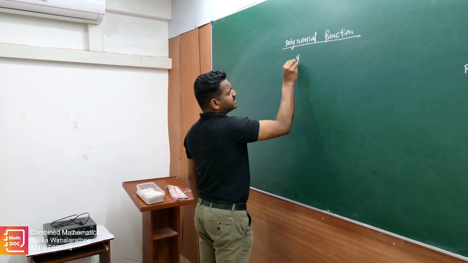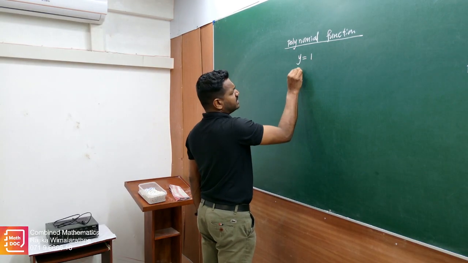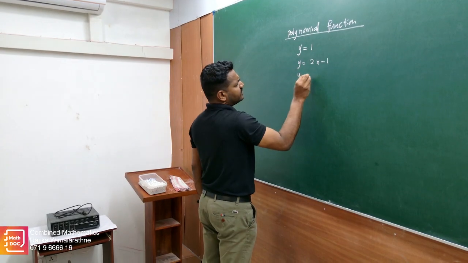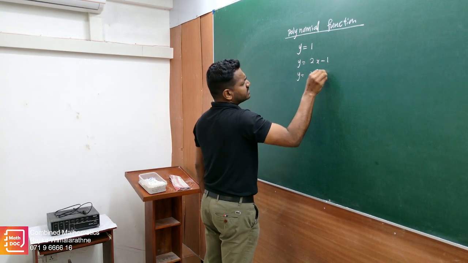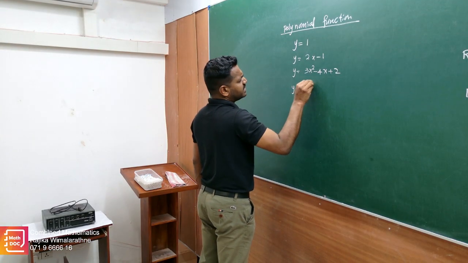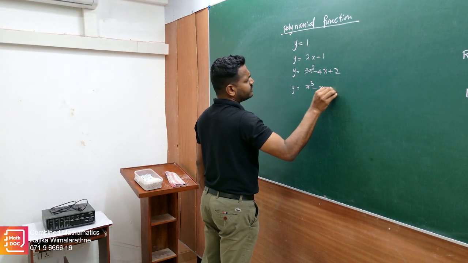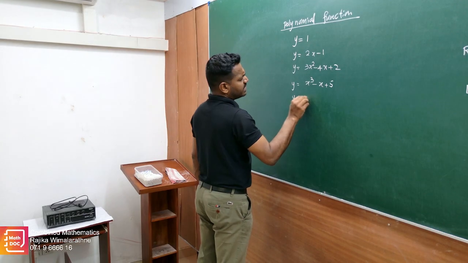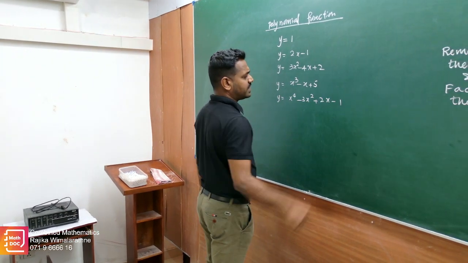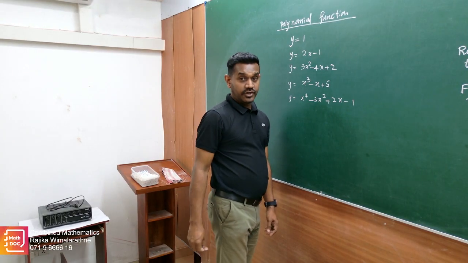I write a few examples: y equals 1, y equals 2x minus 1, y equals 3x squared minus 4x plus 2, y equals x cubed minus x plus 5, y equals x to the power 4 minus 3x squared minus x minus 1. These are polynomial functions.